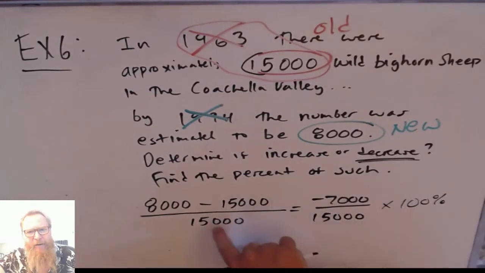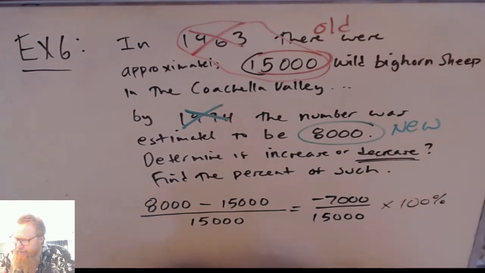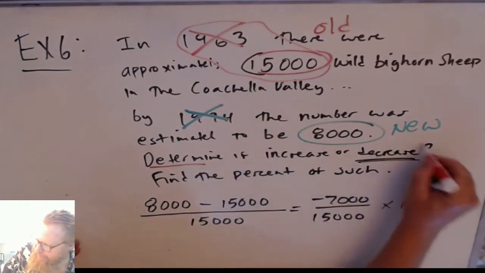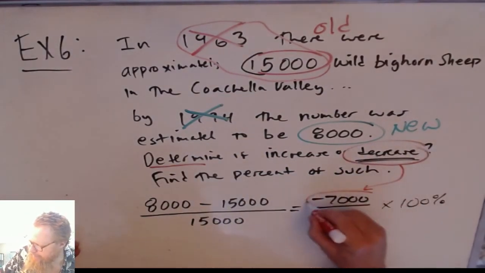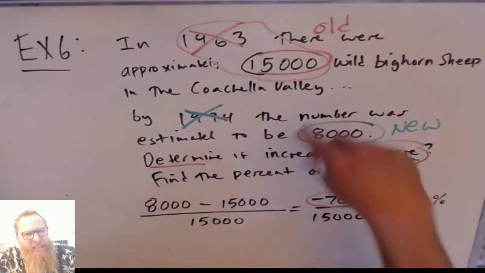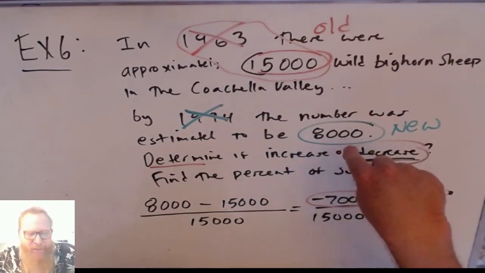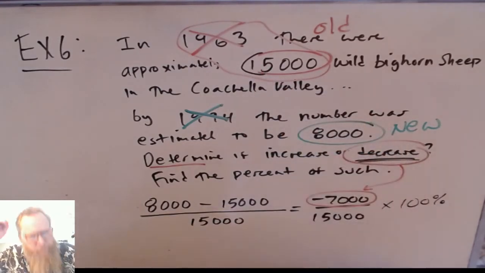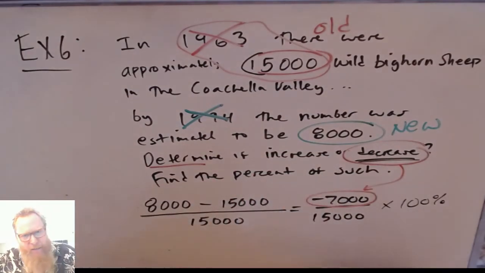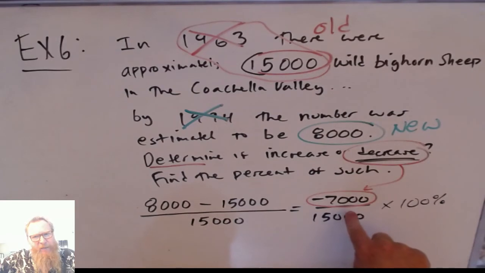I know I left it out over here, but this is what tells you it's a decrease. Determine if it's an increase or a decrease. So if you didn't catch it, it's almost like you have a safety net. Oftentimes you'll read a problem, you'll start solving the problem, and you might not notice something. So if you didn't notice it a minute ago, you're definitely going to notice it now.